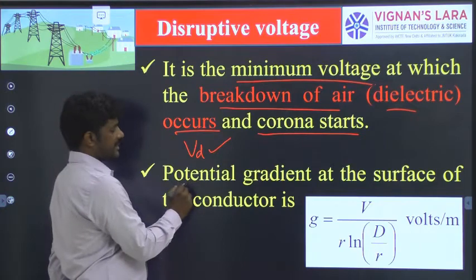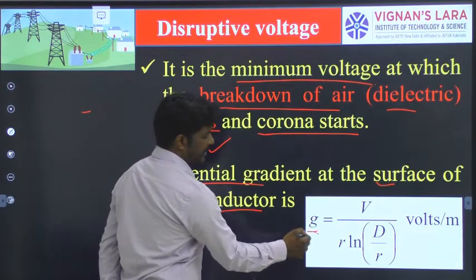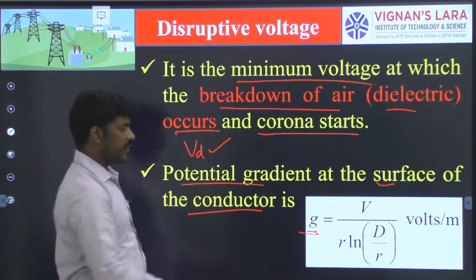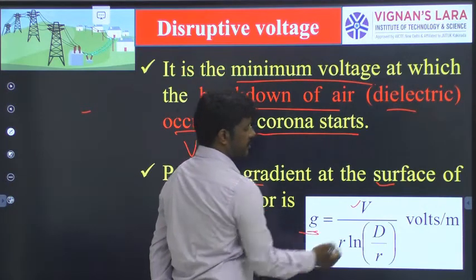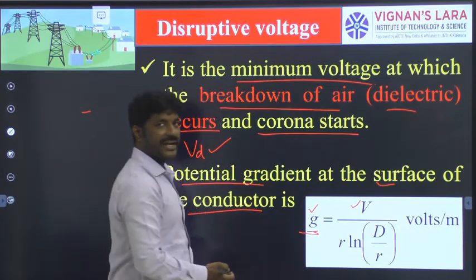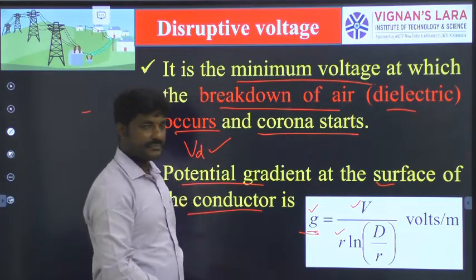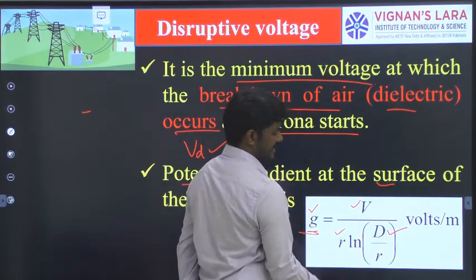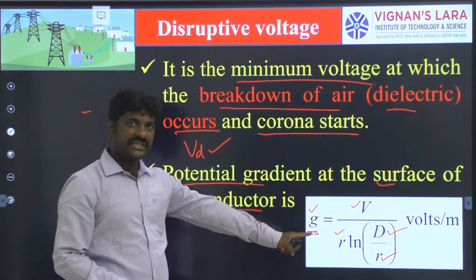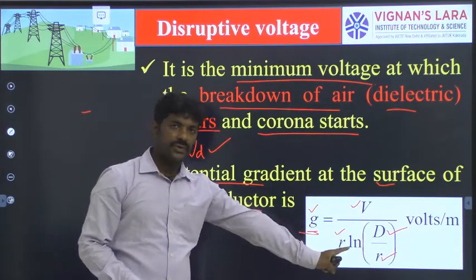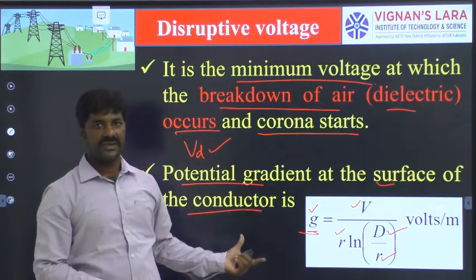As per our discussion, the potential gradient at the surface of the conductor is given by G = V / (r ln(d/r)), where V is the operating voltage, G is the potential gradient on the surface of the conductor, r is the radius of the conductor, and d is the distance between the conductors.